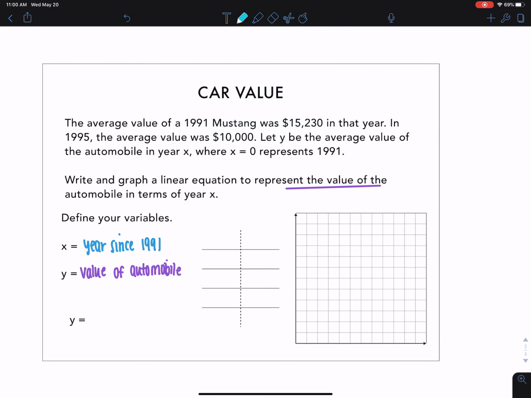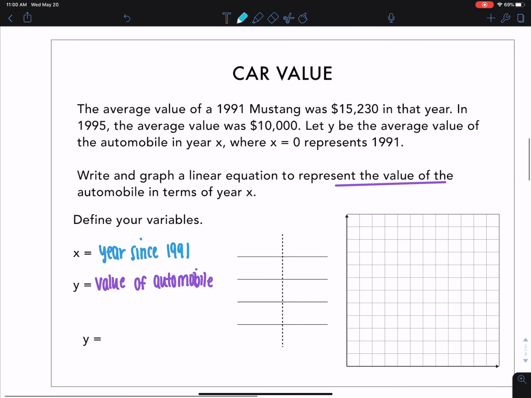So the points that you'll use for this one: 1991 is year 0, so we have a point at (0, 15,230). And then 1995, that's going to be 92, 93, 94, 95, so it's going to be 4 years later from 1991, and we know that the value is $10,000. So these are the points that we're going to use.